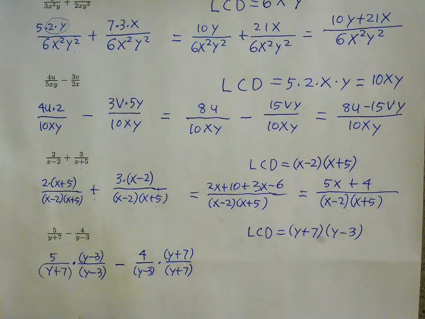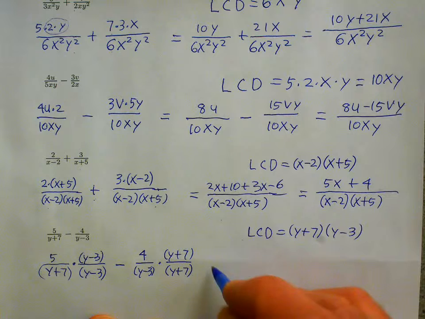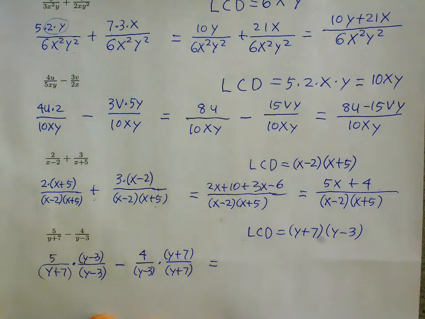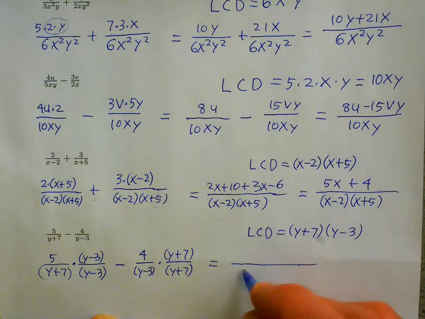And then do the arithmetic. So you always have to be careful, especially with subtractions and negatives. Okay, the common denominator is y minus 3 times y plus 7.